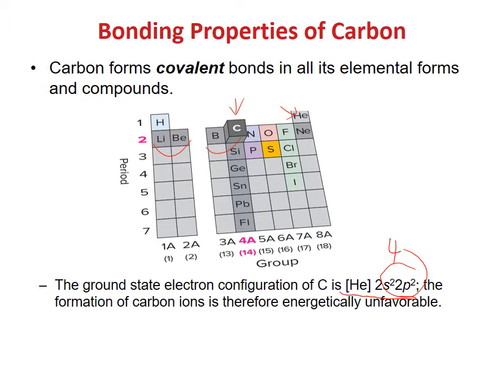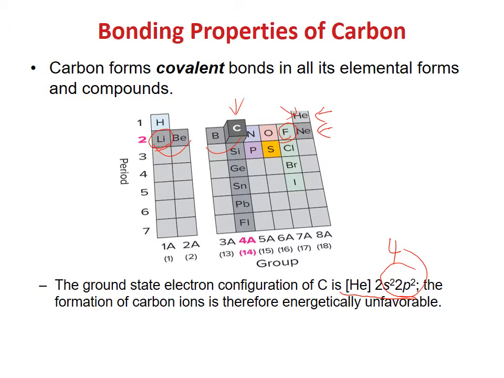To achieve the stable form of helium, the noble gas form, it needs to lose 4 electrons. To achieve the stable structure of neon, it needs to gain 4 electrons. In comparison, a metal such as lithium only needs to lose 1 electron to form a cation, or fluorine only needs to gain 1 electron to form an anion.